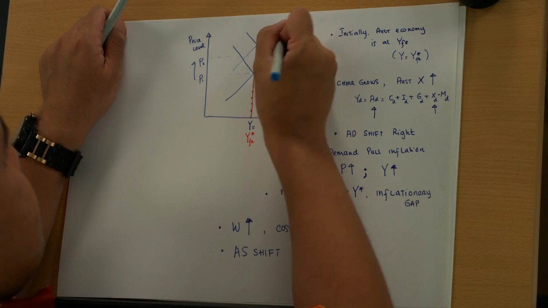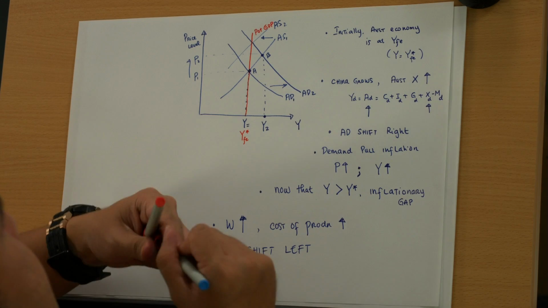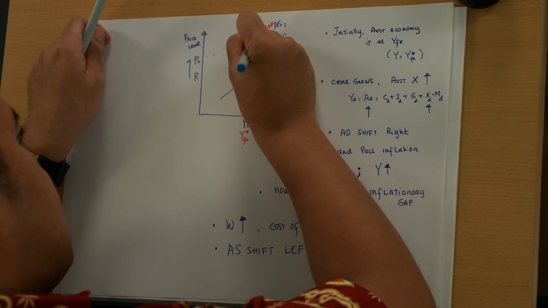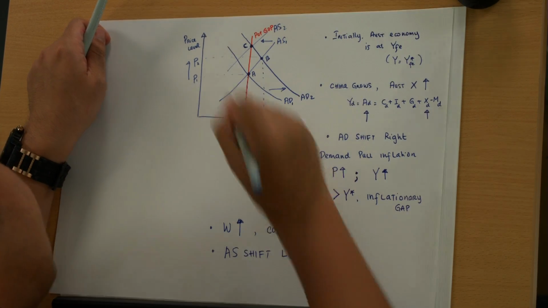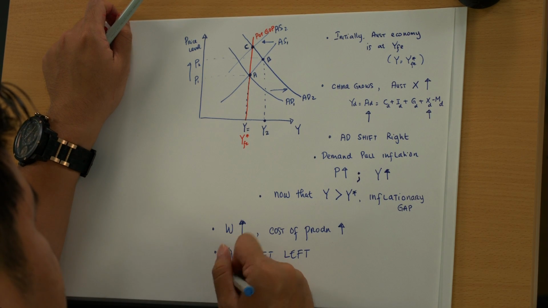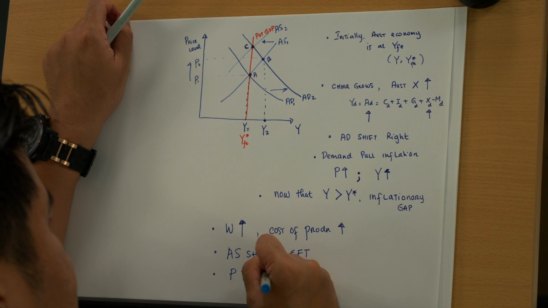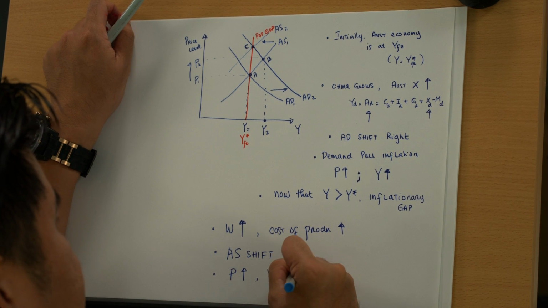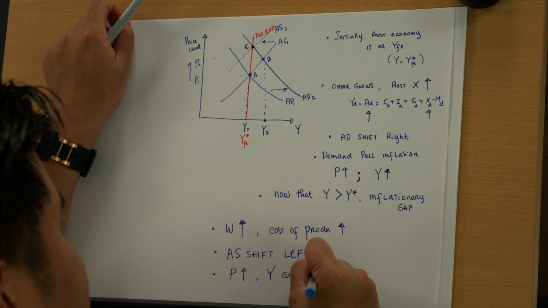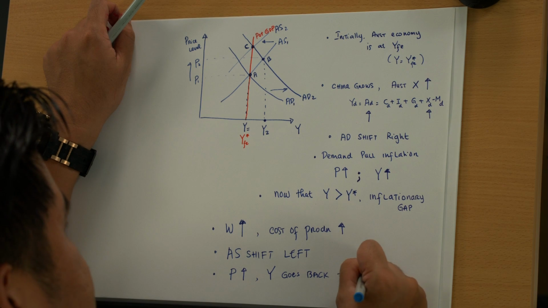AD1, AD2, AS1, AS2. So that's point C. Okay, C. Ooh, what happens here? Price increases even further. Y goes back to Y star.